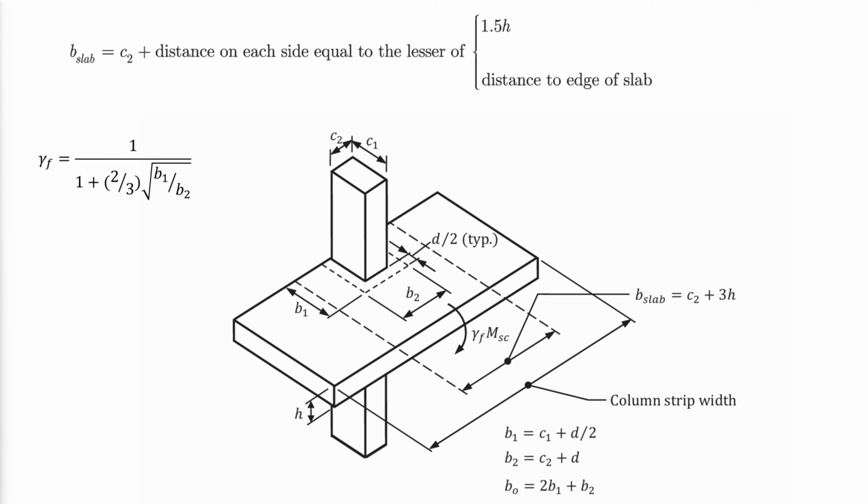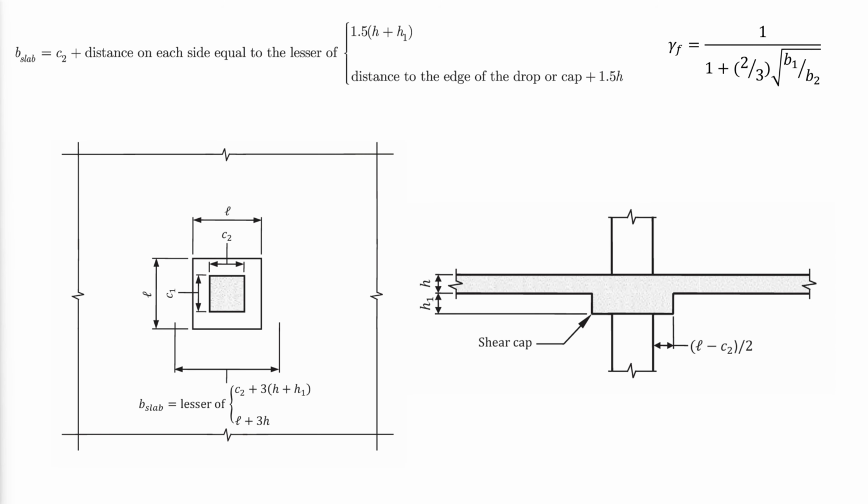The determined moment and the effective slab width B slab are used to determine the required flexural reinforcement in the slab. In slabs with drop panels or shear caps, the effective slab width changes as follows, where L is the width of the drop-down panel.